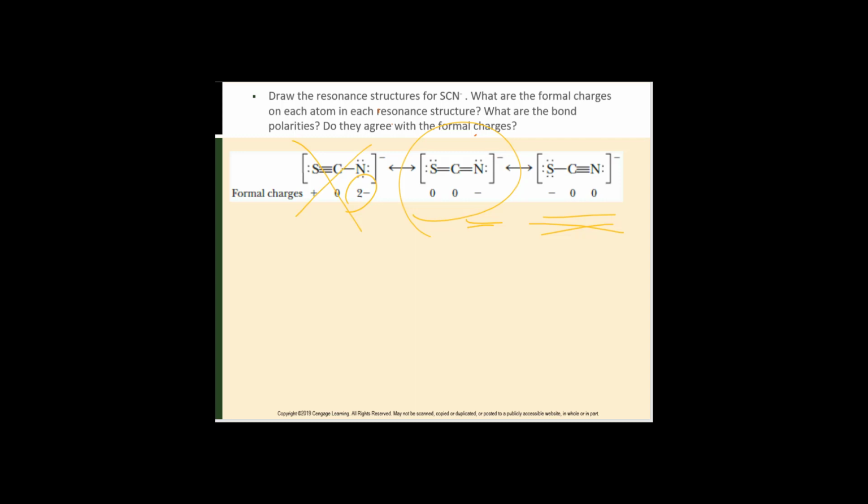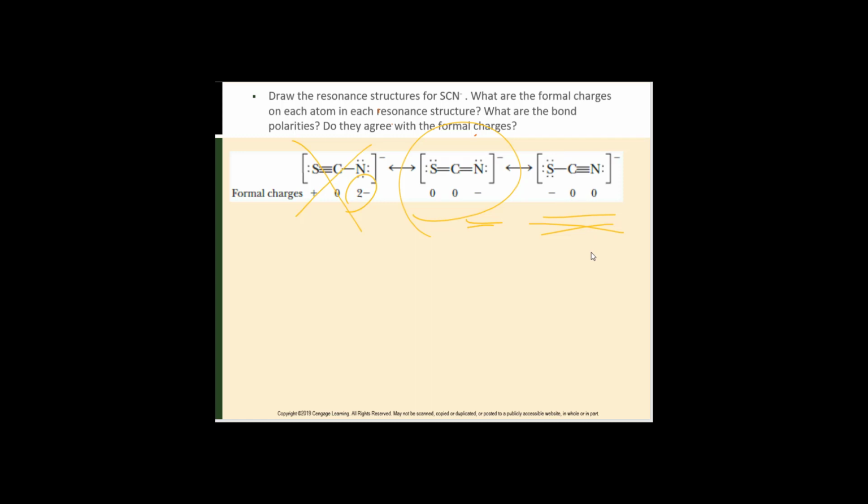But if we look at the middle one compared to the right structure, the more negative formal charge is on the more electronegative atom. So we would want nitrogen, if we looked at our electronegativity sheet, nitrogen's electronegativity value is 3.0 and sulfur's is 2.6.